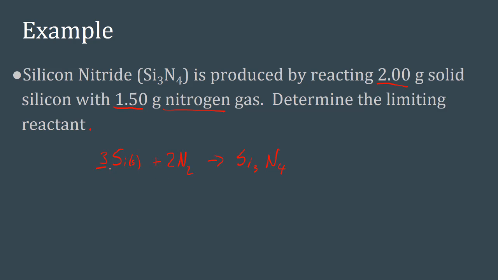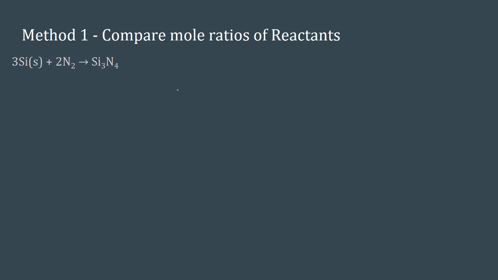So we can see our mole ratio of silicon to nitrogen is 3:2, and we get a 3:1 ratio of silicon to silicon nitride and a 2:1 ratio of nitrogen to silicon nitride in our balanced chemical equation. So we're going to use this, and I'm going to go through each of those 2 methods to figure out which one is our limiting reactant. So compare the mole ratios of the reactants. So here's our balanced equation, 3, 2, 1.